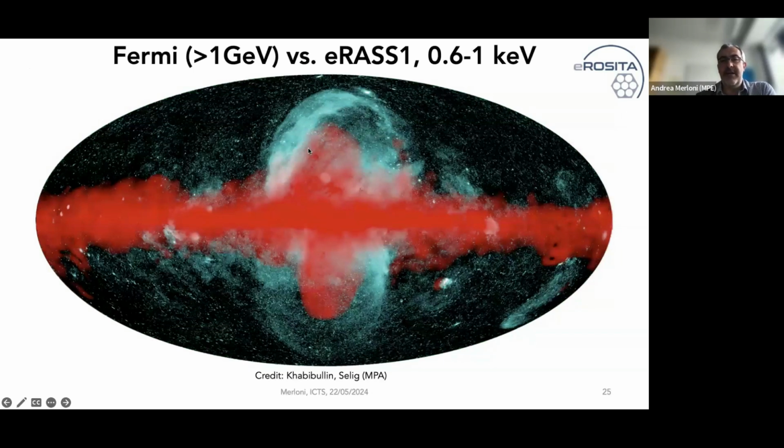Here you see an image in which in cyan I show again the eROSITA 0.6 to 1 keV sky, and in red is the Fermi emission above 1 GeV, with the Milky Way unresolved emission and these lobe-like north and south bubbles that Fermi discovered about 15 years ago. The eROSITA bubbles seem to envelope the Fermi bubbles.